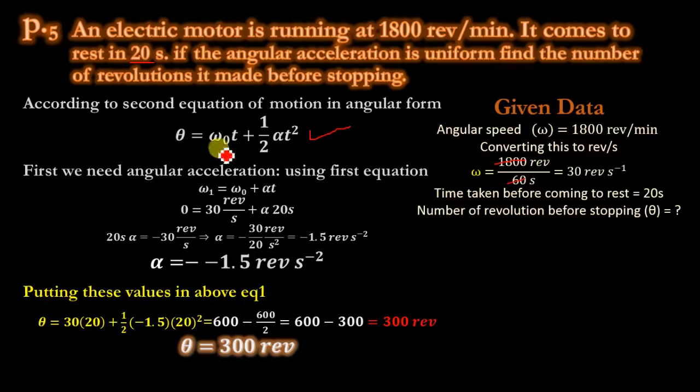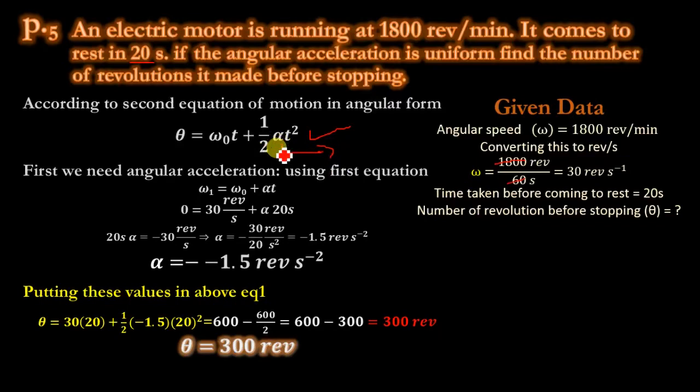But here we are dealing with angular motion, so we write this equation in terms of theta, where theta is the distance traveled, or the revolutions, equal to omega naught t plus 1 over 2 alpha t square. Here omega naught is the initial angular velocity, t is the time taken, and alpha is the angular acceleration. In the given data, alpha is unknown, so we will first determine the value of alpha.